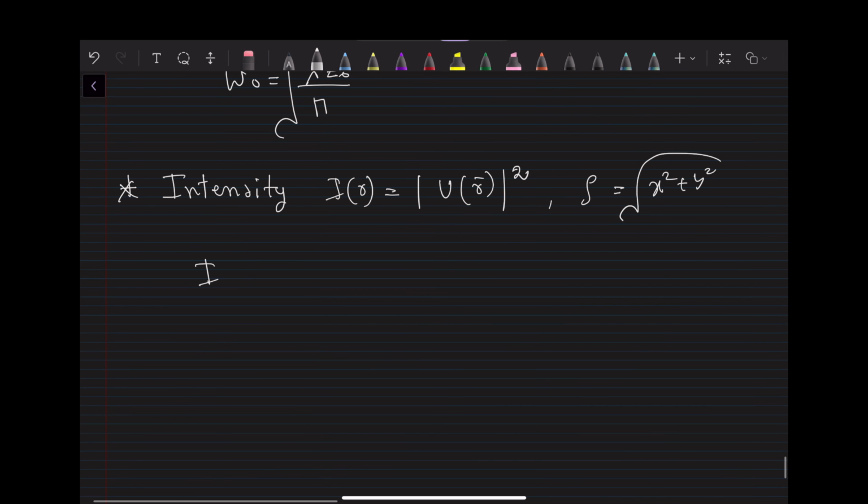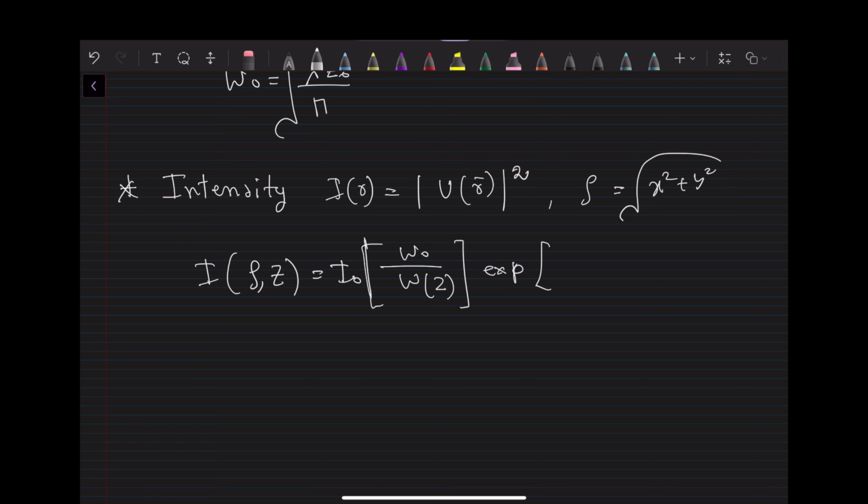Now the intensity for rho and z we have this. A lot of things can be found out using this equation.